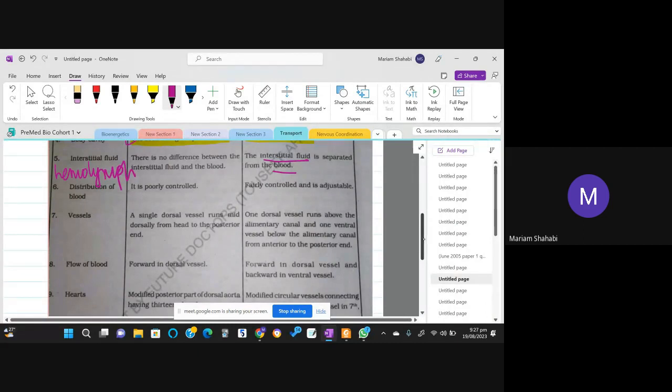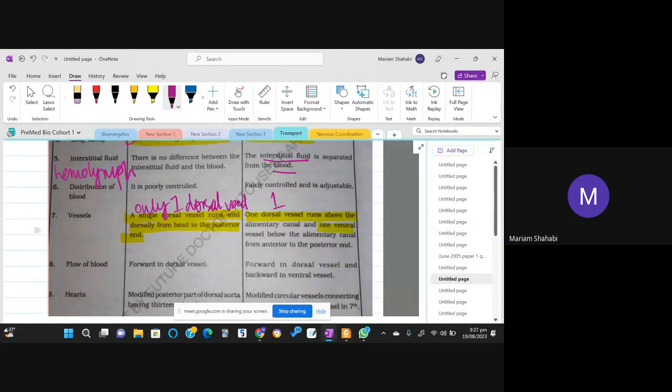Distribution of blood. Now there is nothing much in this, just remember this thing, that a single dorsal vessel runs mid-dorsally from the head to the posterior end. Here there is a dorsal vessel and one ventral vessel. Only one dorsal vessel.